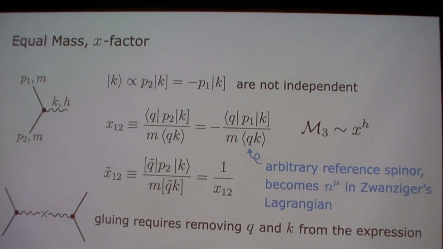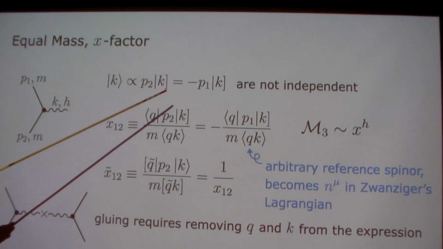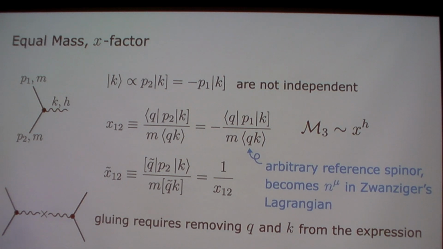And the thing becomes interesting when we look at a 3-point amplitude in which two of the particles have the same mass and one is massless. What happens in this case is that the spinors are not entirely independent of each other. So you have fewer elements you can use to build up your 3-point amplitude.